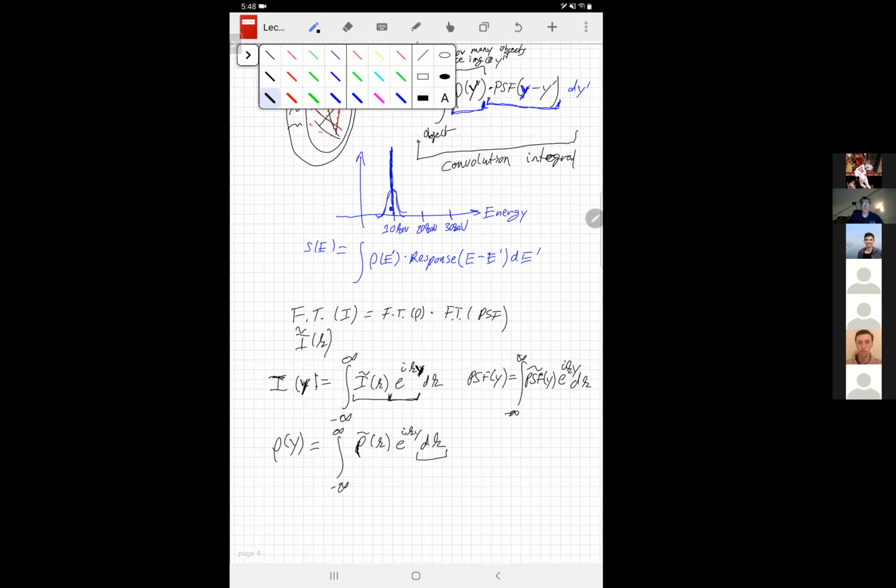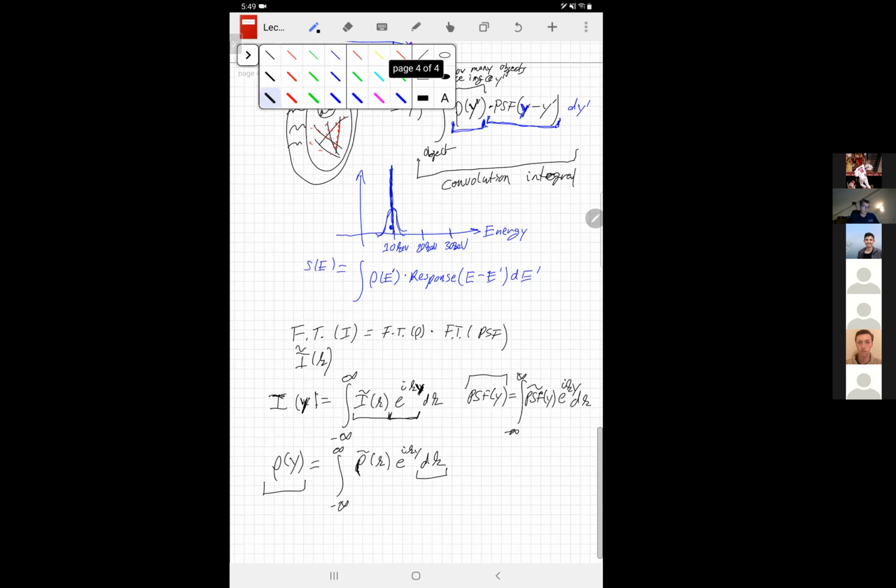So any function we care about in physics can be broken up into sine waves, and we can write the Fourier transform of all three of these things: the image, the density of sources that produce the image, and the point spread function of the instrument that produced the image.